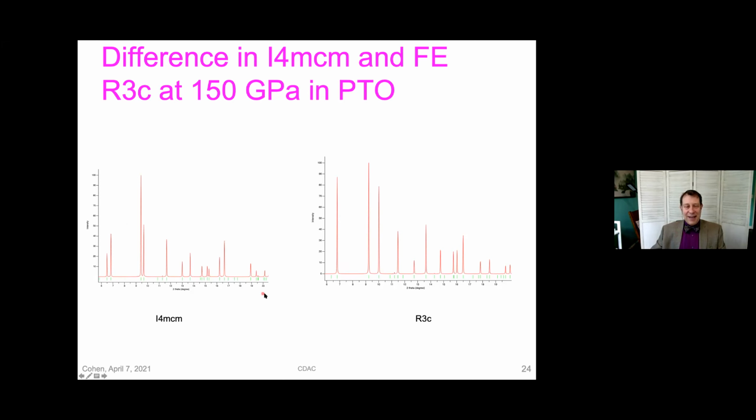It's pretty hard, I think, to do the nonlinear optics above a megabar, but the X-ray experiment maybe is possible. And so you should be able to pick up if it is the R3c structure. Of course, the X-ray alone wouldn't show you it was polar, but at least you would be able to tell that it was rhombohedral.